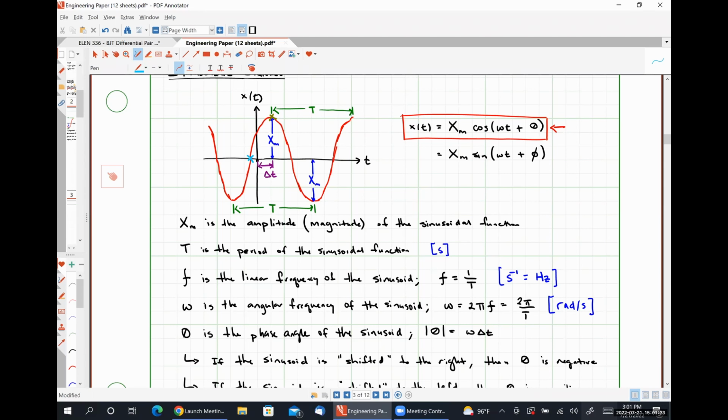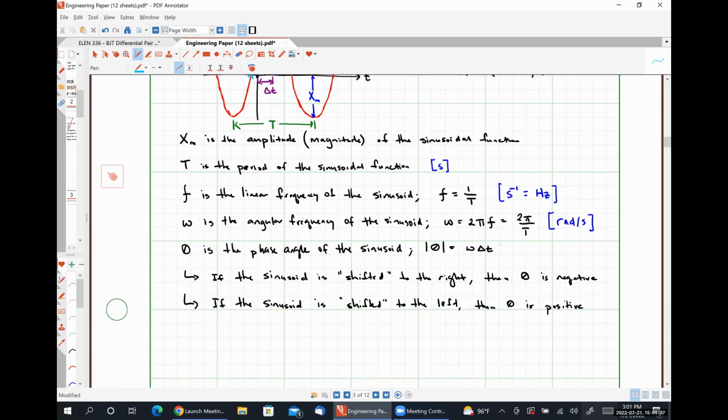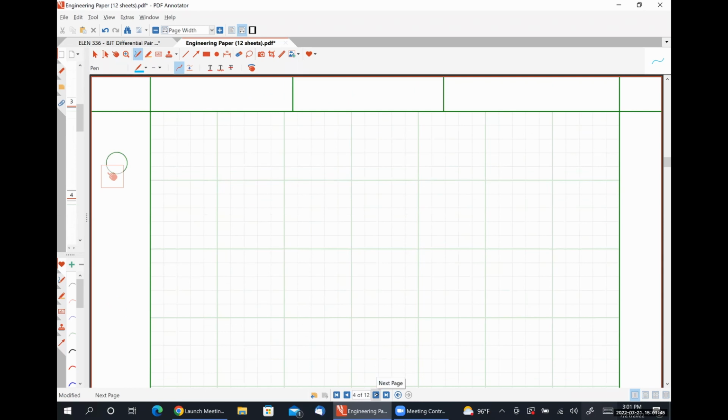All right. So the next thing that we are going to talk about is comparing sinusoids. And this is something that we're going to be doing quite a bit of. Okay.